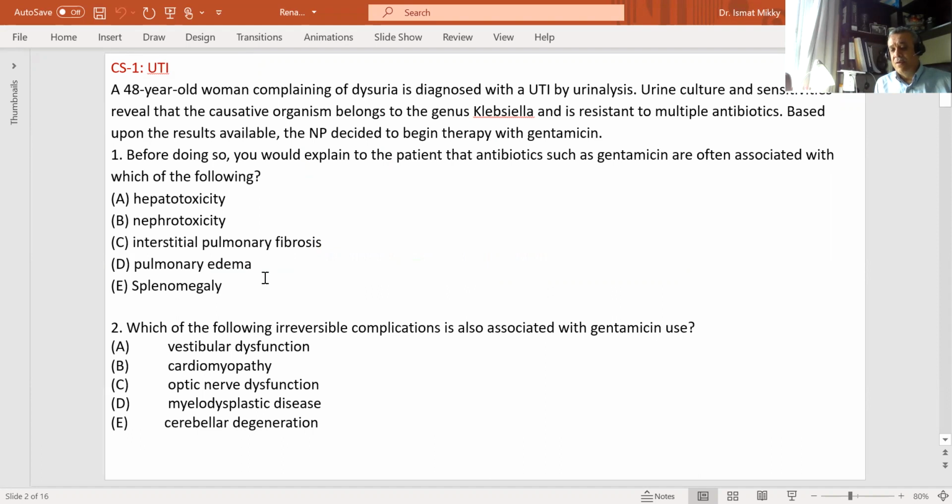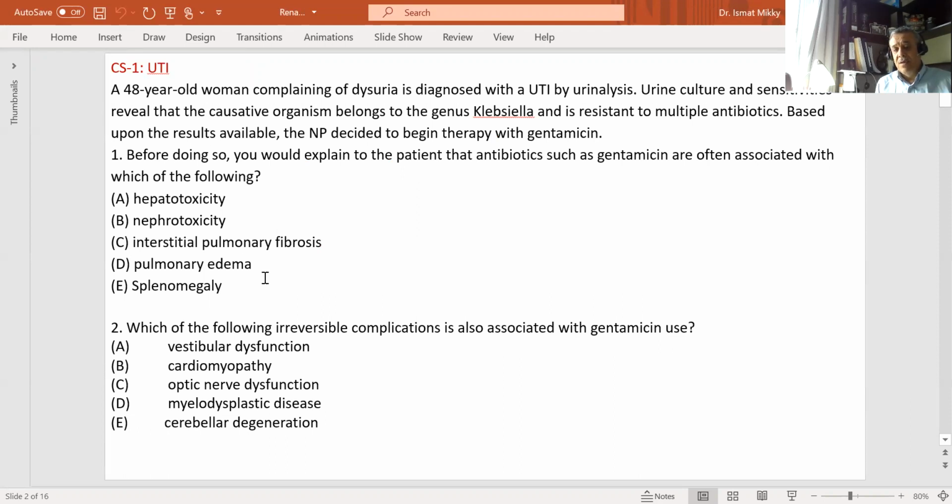The culture of the urine specimen and the sensitivity test, C&S, let us isolate the microorganism, the type of bacteria, one or more, that are present and causing the infection in the urine specimen. The C&S revealed that the causative organism belonged to Klebsiella, which is resistant to multiple antibiotics.